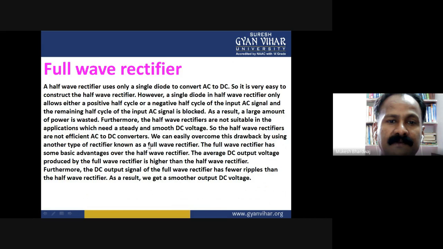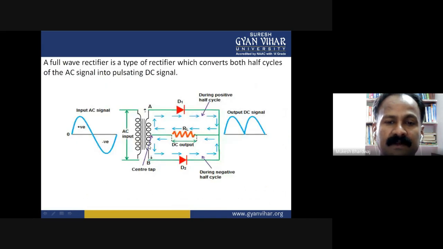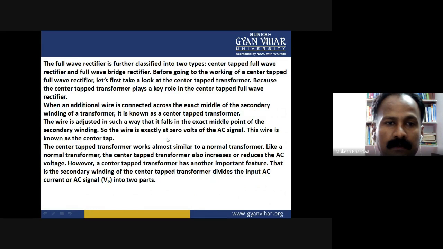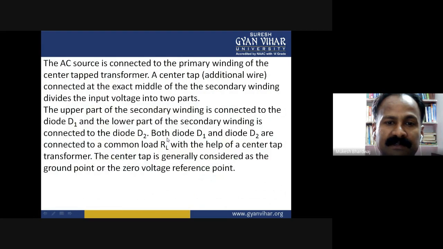Now the full wave rectifier, the first one being the center tap rectifier, in which the secondary windings of the transformer are attached to the output load. In the middle of the secondary winding, we attach the load resistance or the output load. And the working of center tap.